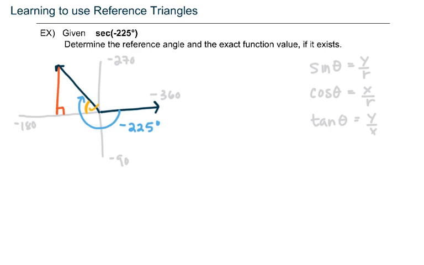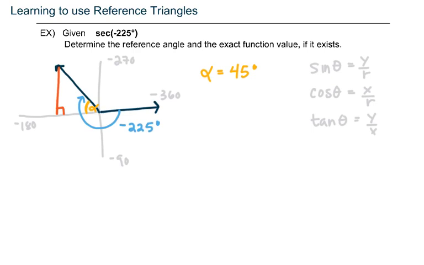So my reference angle, if we call that guy alpha, alpha is going to be 225 minus 180. Alpha is 45 degrees. So this little teeny angle in here, if I add 180 to negative 225, I get that positive angle 45 degrees.